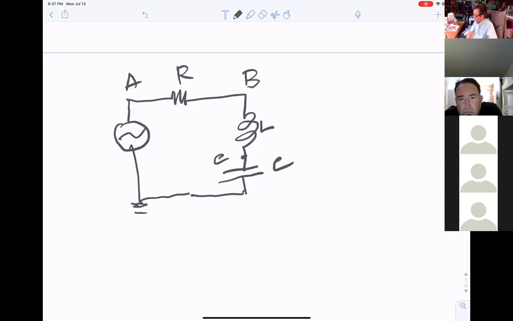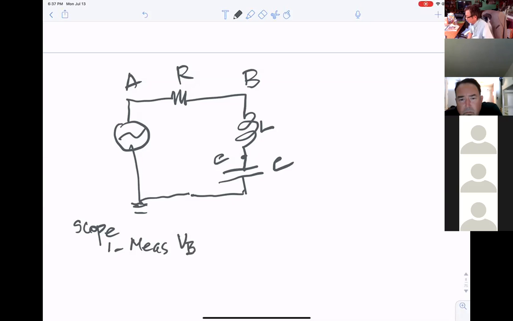Okay, I've got this circuit. If I'm using the scope, I want to measure VB.